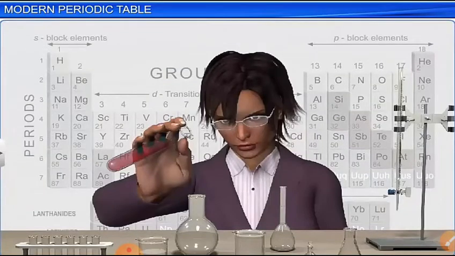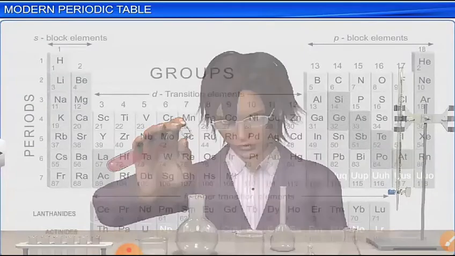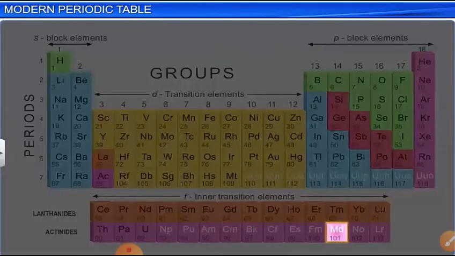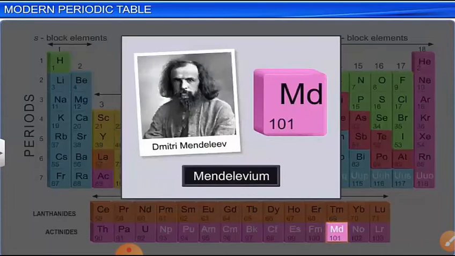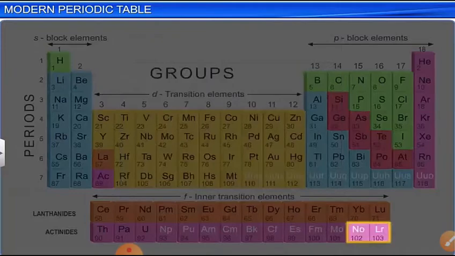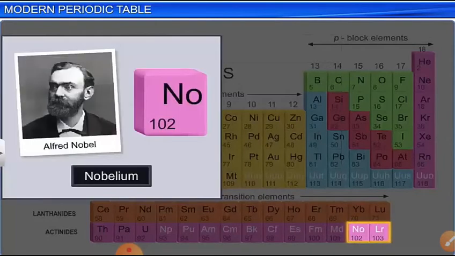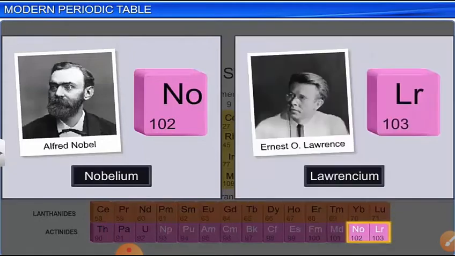And the name of the element is given by a committee called IUPAC. So after 100 there is a special type of naming we can see. IUPAC gives the name of the element based on the name of a scientist or place. Like No is nobelium after Alfred Nobel, Lr is lawrencium for the scientist Lawrence.